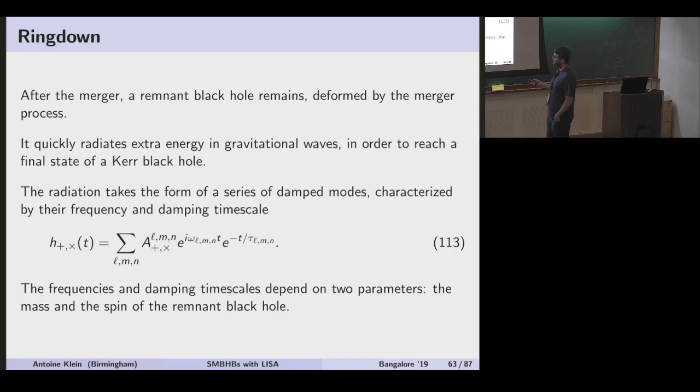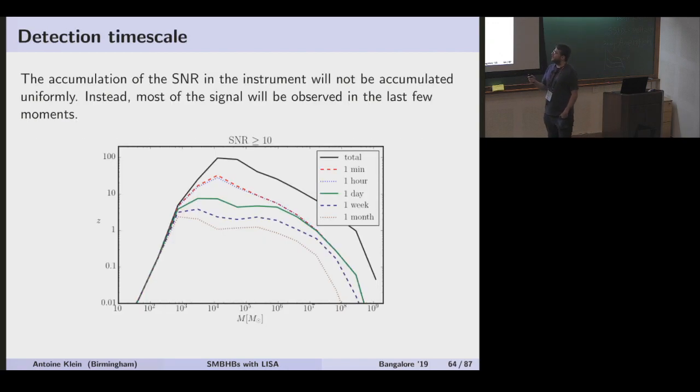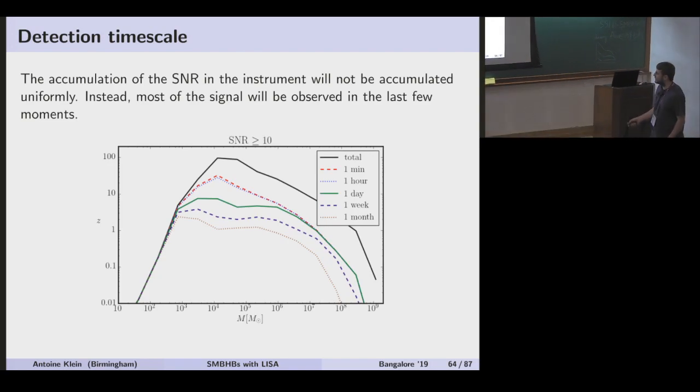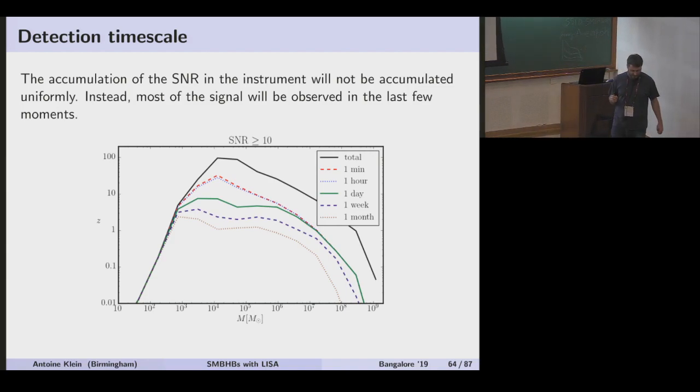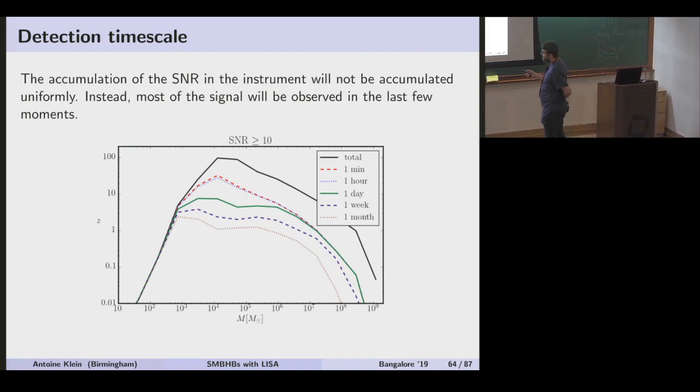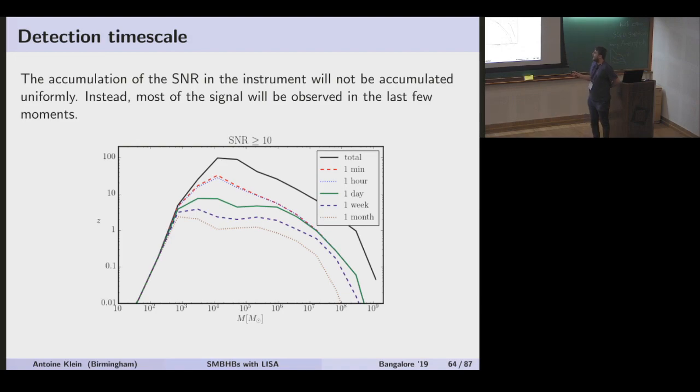Right, so as an example, something that will be useful to try to look for precursors for supermassive black hole mergers is to look at how far ahead of the merger you can detect your signal.